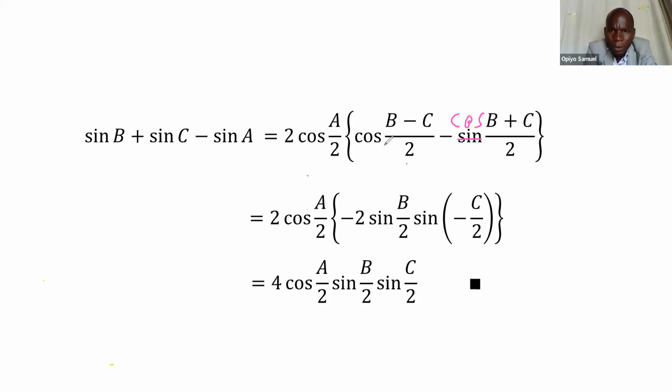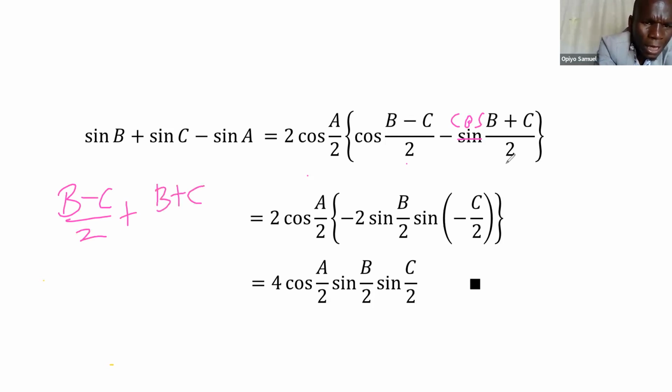So this, we shall have this plus that: B minus C out of 2 plus B plus C out of 2, all of this divided by 2.